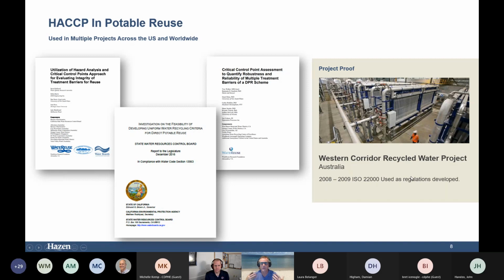We were effectively self-performing and self-regulating, if you like, demonstrating using critical control points, getting ourselves certified and audited against ISO 22000 to demonstrate that we were achieving that level of safety and reliability, which then moved into a framework for our regulators to give them time to catch up and help develop the regulations for that particular system.